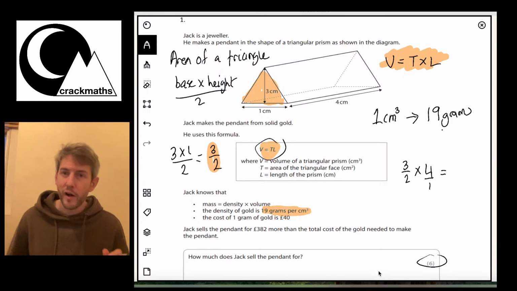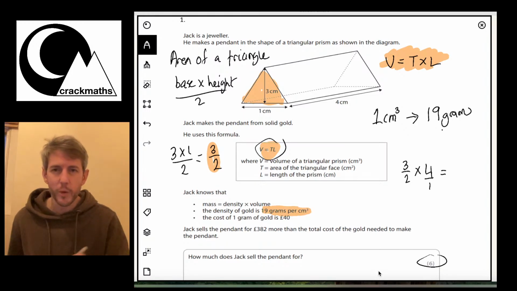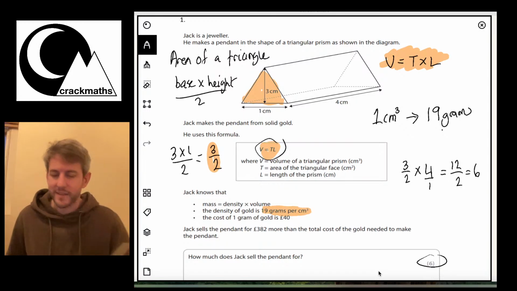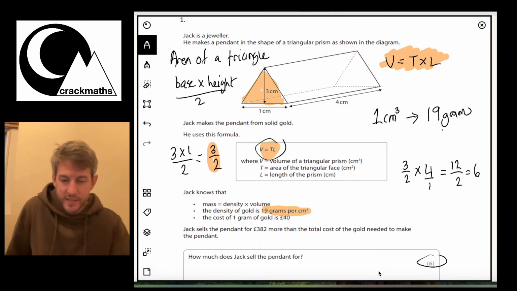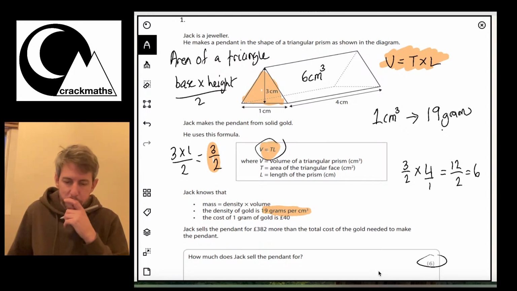We just don't bother writing it because it would be cumbersome. But whenever we have to multiply fractions, it's useful to remember. So now we're looking at 3 over 2 times 4 over 1. With multiplying fractions, we do the top times the top and the bottom times the bottom. So that's going to equal 12 over 2, which will equal 6. Okay, so now we know that the volume of this triangular prism is 6 centimetres cubed.